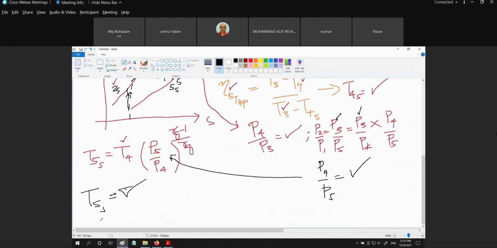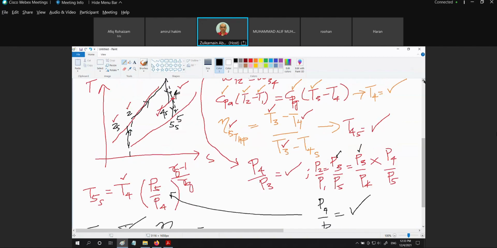Once we have solved the T5S, then we use the isentropic efficiency for the low pressure turbine. I still need the TS diagram in order to put down the isentropic efficiency: shorter line divided by the longer line. T4 minus T5 divided by T4 minus T5S.